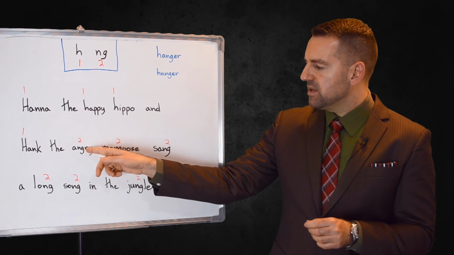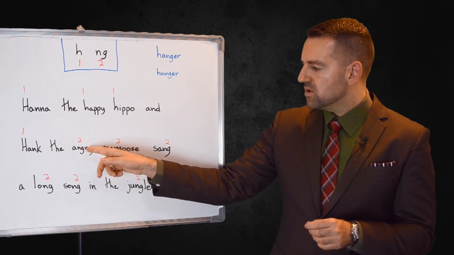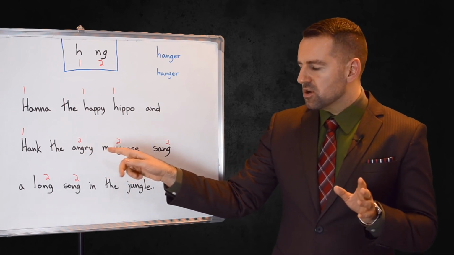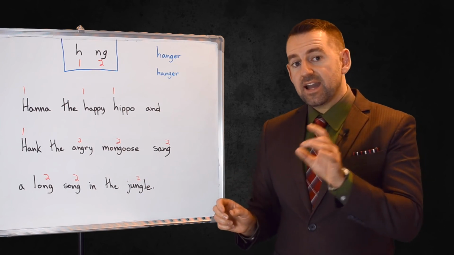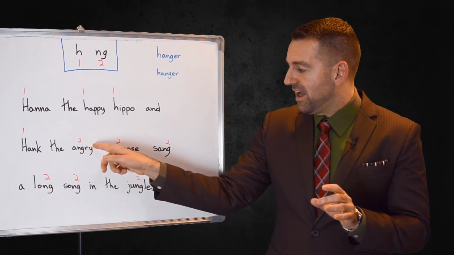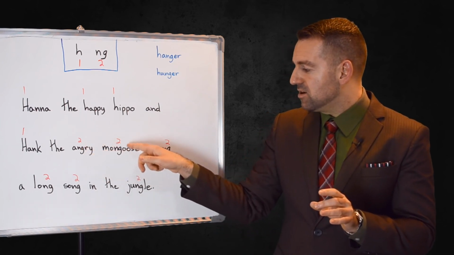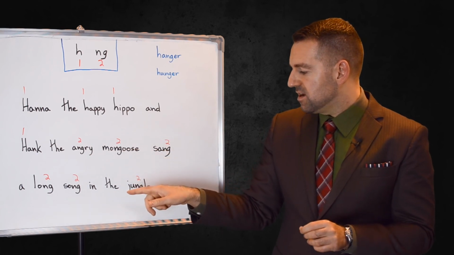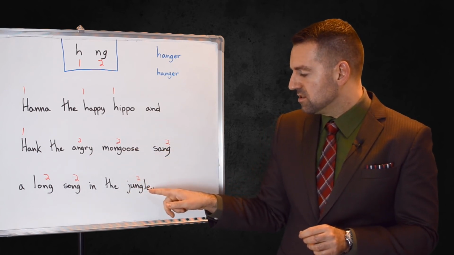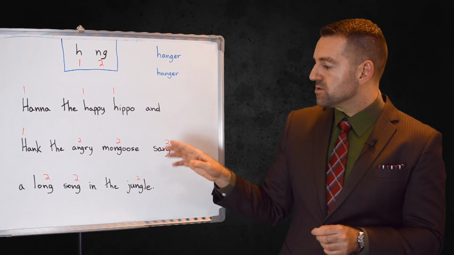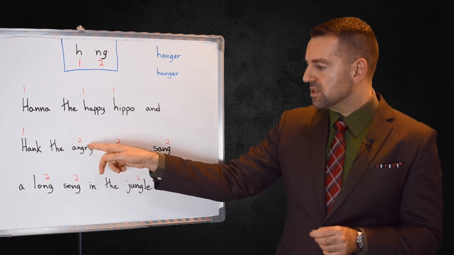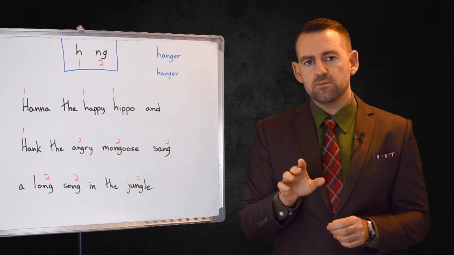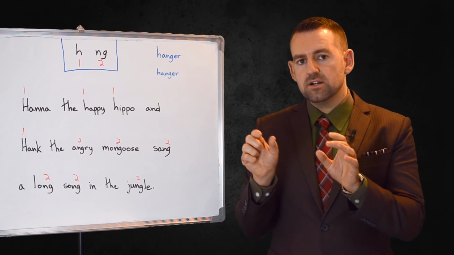Like angry. So angry. So there should almost be an extra g. Angry. Mongoose. Jungle. Okay, so most of the time when the ng is in the middle of a word, it makes ng plus g.